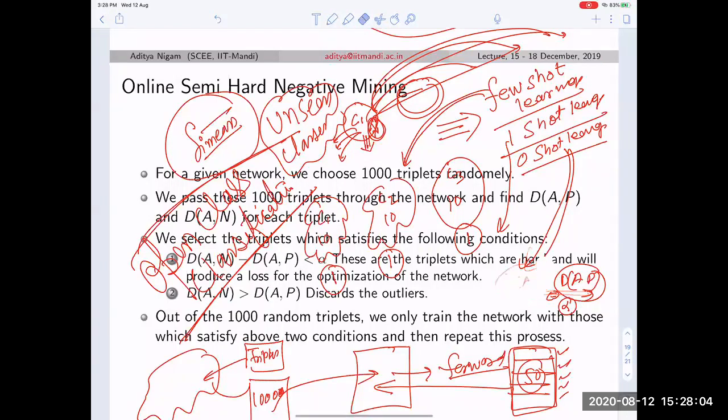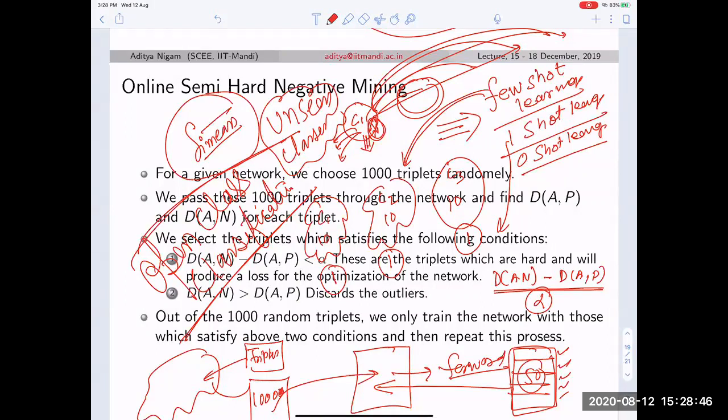The only point one should understand is that DAN should be high, it has to be more than DAP, and if the difference between them is more than alpha, then that is simple. If it is less than alpha, that is the thing you are looking for, because that is the hard triplet whose loss is going to be useful and going to matter for you. You are looking for those triplets in which very similar things are shown as AN, and very different things are shown as AP.